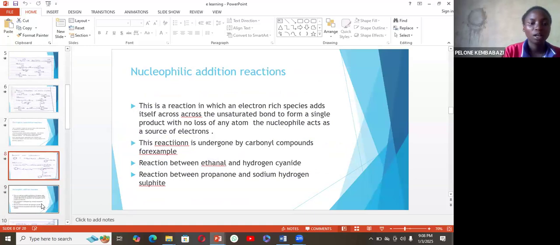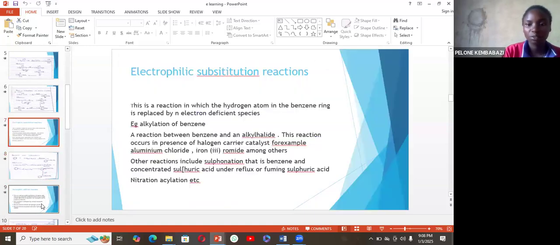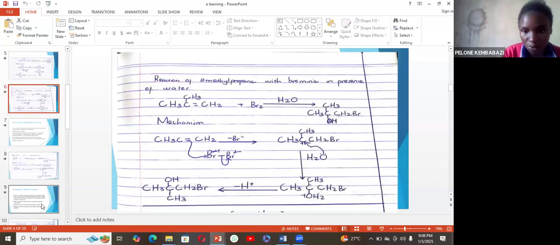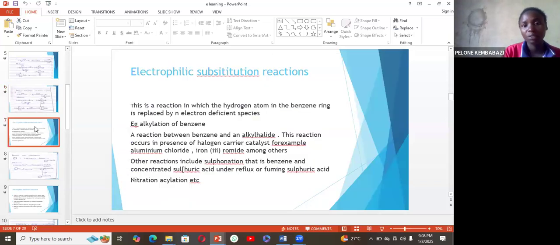So I was explaining this reaction of electrophilic addition, and I think we all got what I was doing, though there was something with my phone that I was not understanding. Then we have another reaction, which is electrophilic substitution reaction.